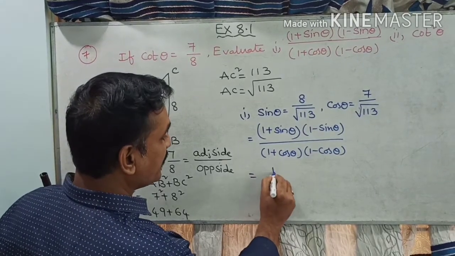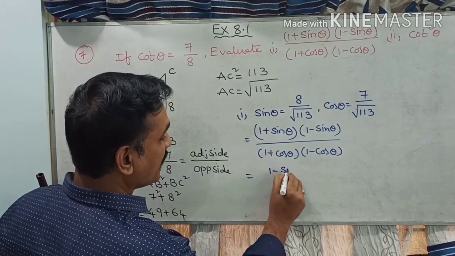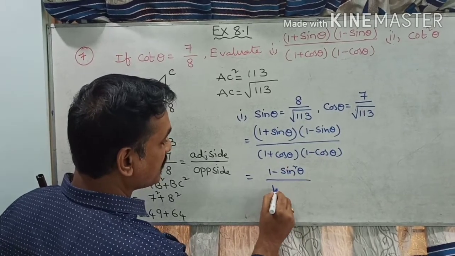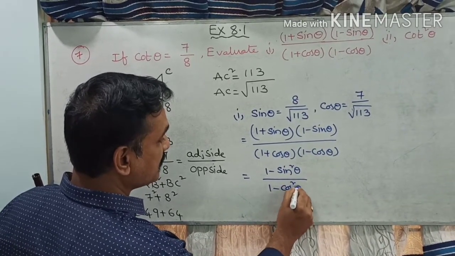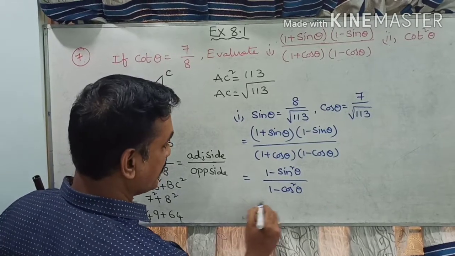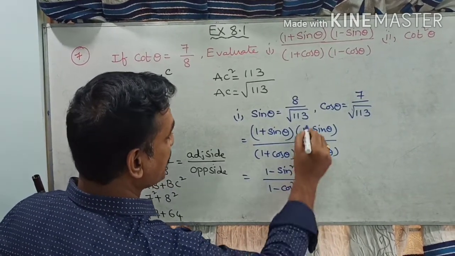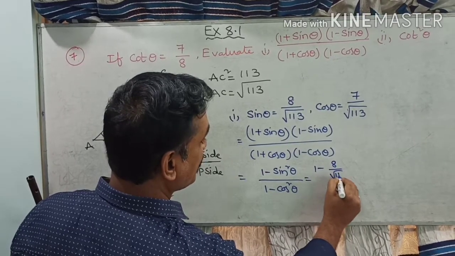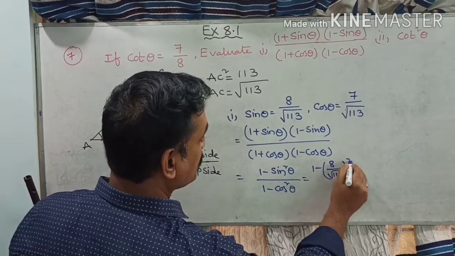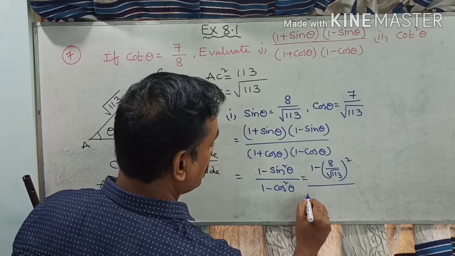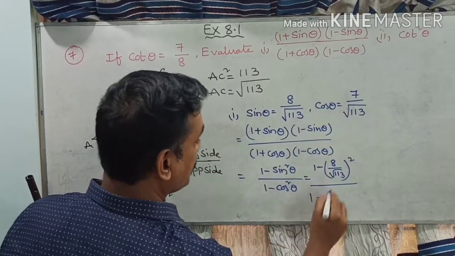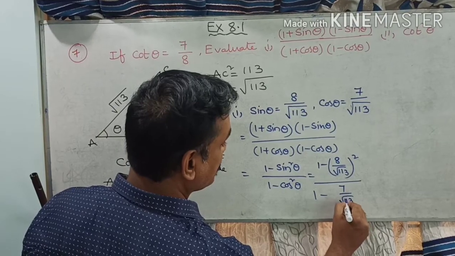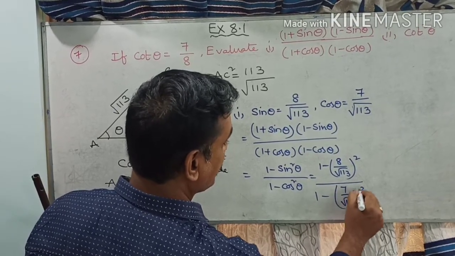So the numerator is 1 minus sin square theta and the denominator is 1 minus cos square theta. So 1 minus (8 by root 113) whole square, by 1 minus (7 by root 113) whole square.